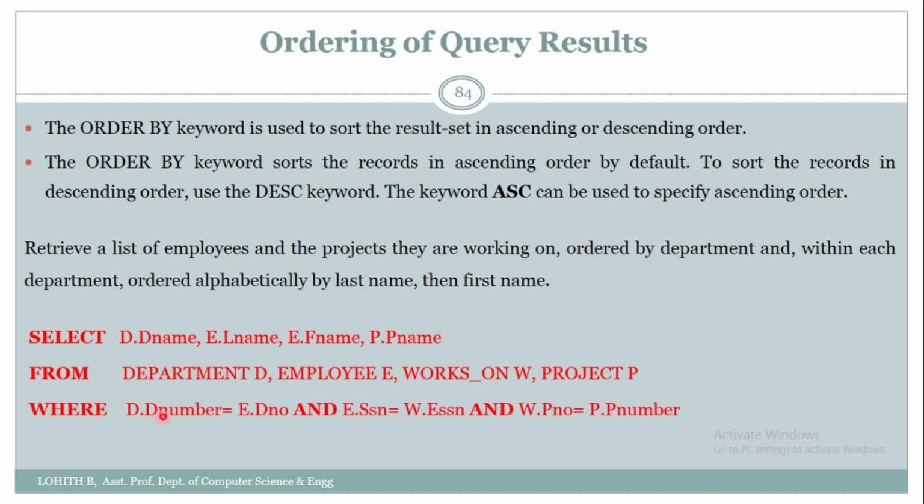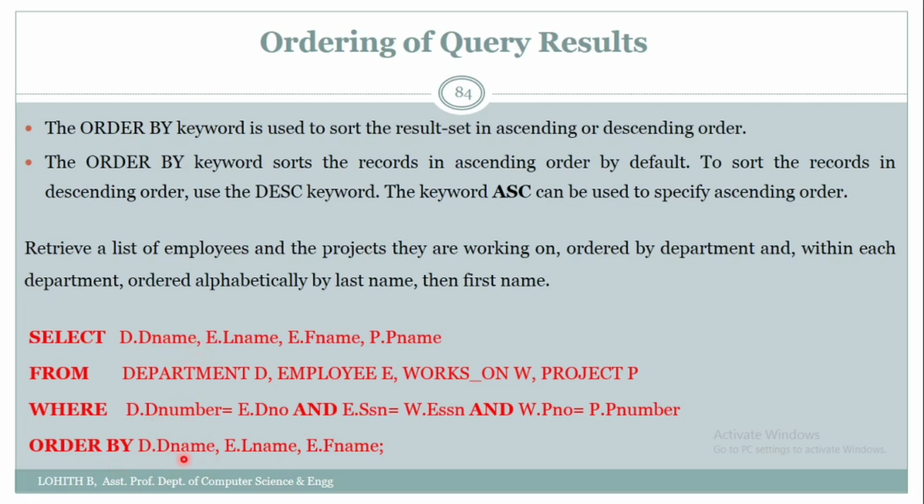As you can see, this is how we join department and employee, this is the join condition for the employee and works on, and this is for the department and the project. This is how we join.